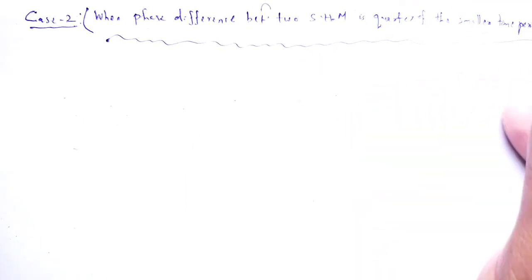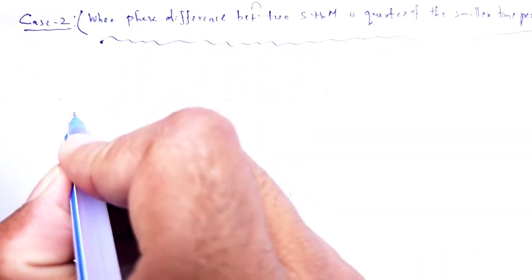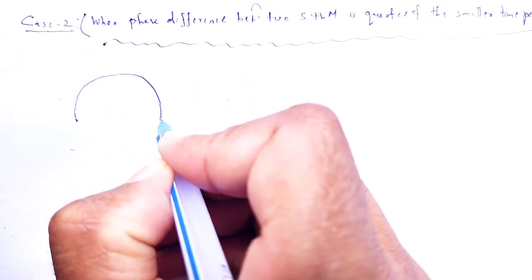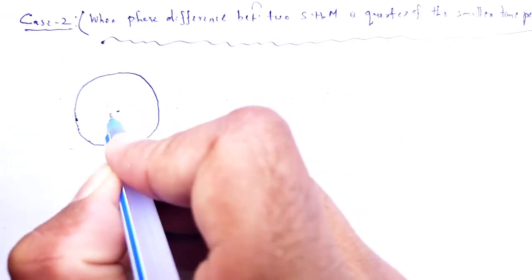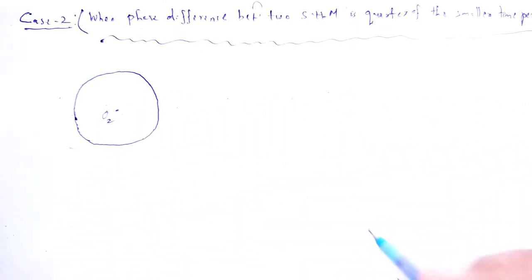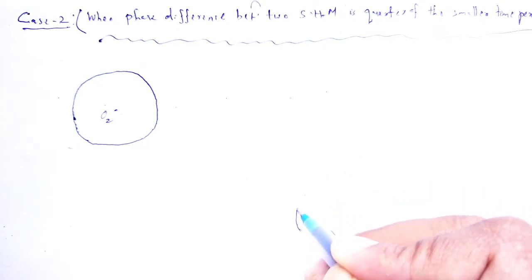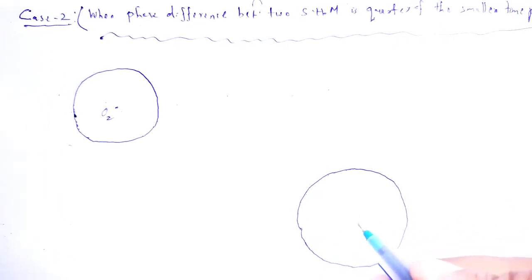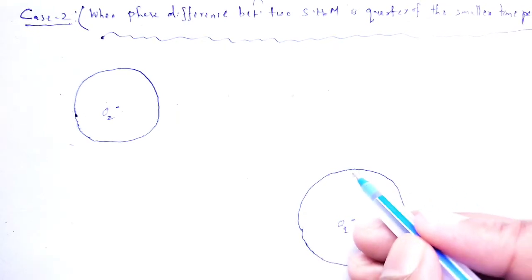Then what will the Lissajous figure be? Same thing. Here we take a circle having radius b, center at O2, for particle P2. Then the same thing here for particle P1, center O1, having radius a.